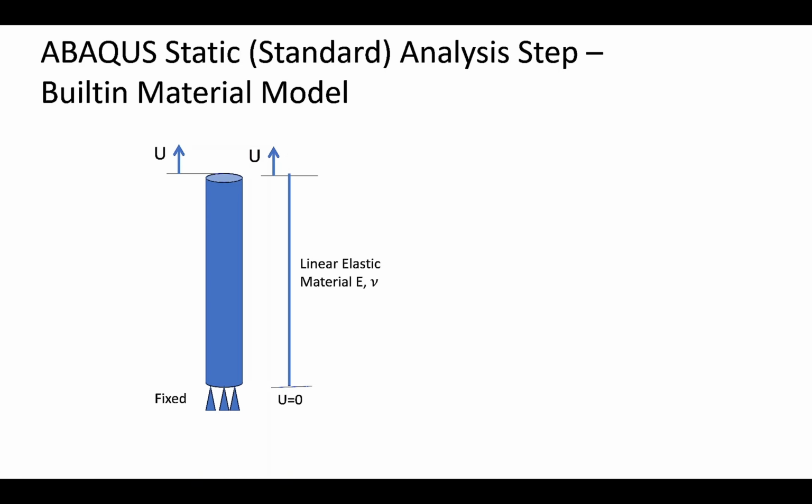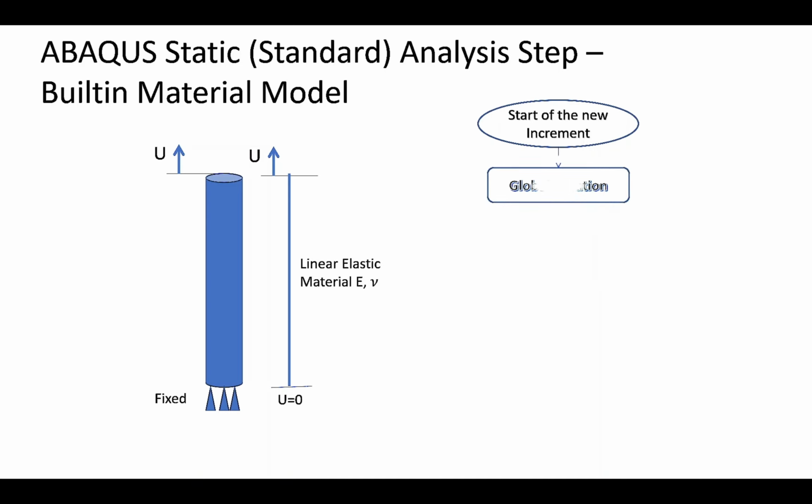When we define these linear elastic properties, the geometry and the boundary condition in the Abaqus software, it will first start with an increment. To start an increment, it takes a certain initial increment time, which you specify in your step definition. Then it does a global iteration and tries to find the relevant strain increment for that time increment.